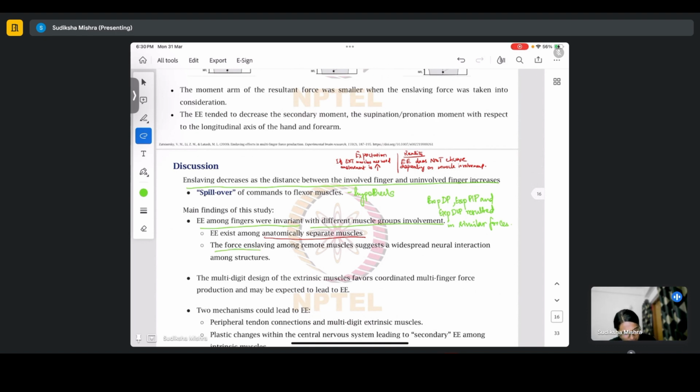Essentially, the force enslaving among remote muscles suggests a widespread neural interaction amongst the structures.